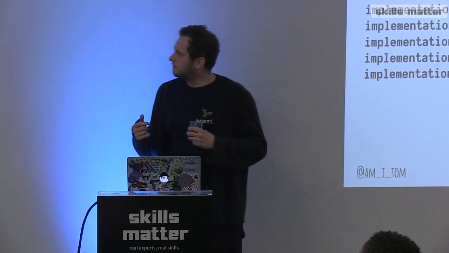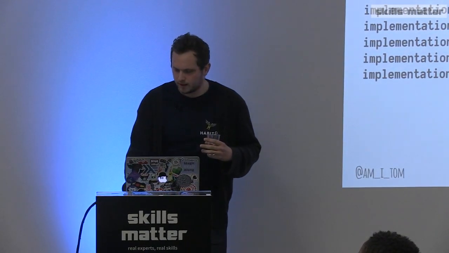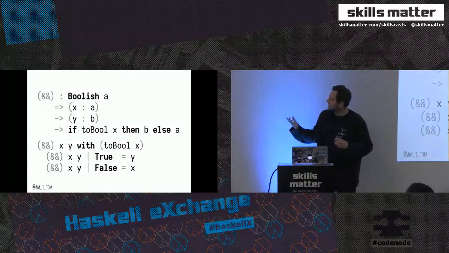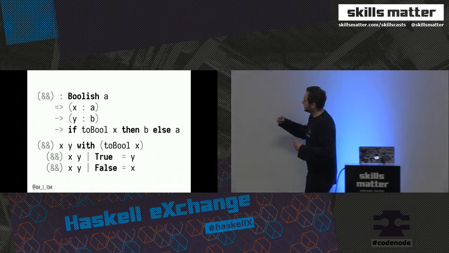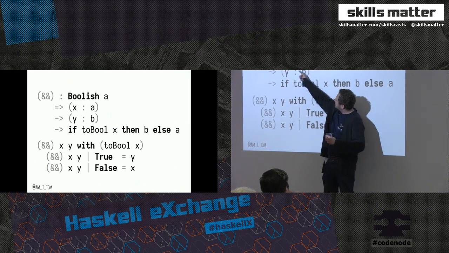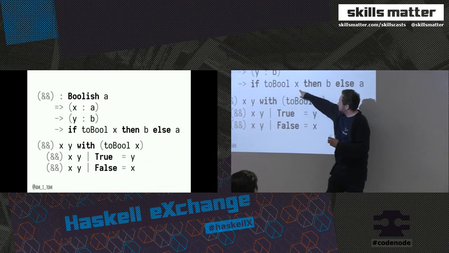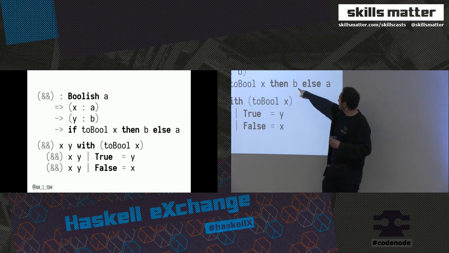And actually, if we take a leaf out of JavaScript's book, that's not strictly true. And luckily, we do have the language in Idris to kind of give this, I feel, the type it deserves. So what we're saying here is give me a value x of type A, give me a value y of type B, and if it turns out to be true that x, then the return type is B. Otherwise, it's A.